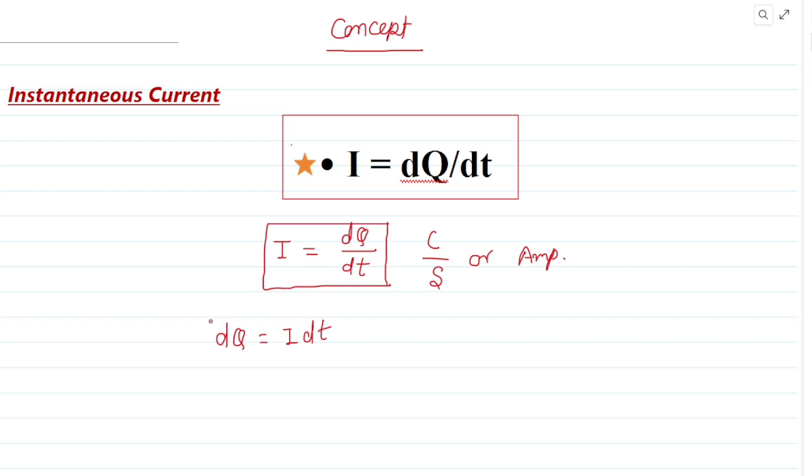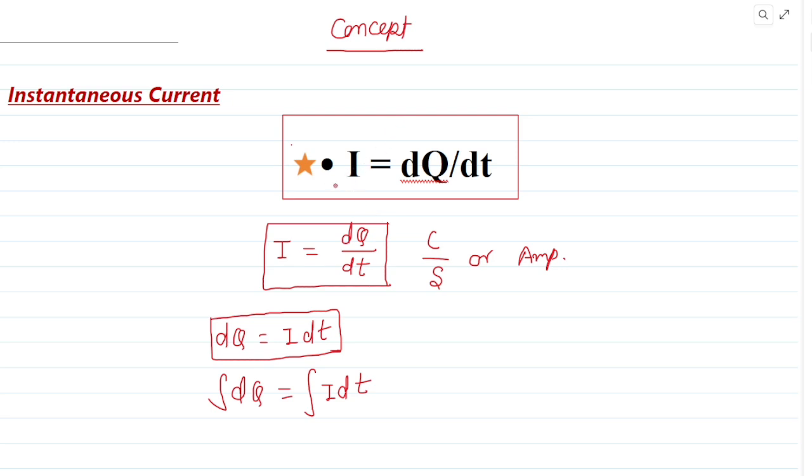We get the value of charge on integrating both sides of the equation: integration of dq is equal to integration of I dt. Then, by putting suitable limits, we calculate the value of charge. This will be the concept.